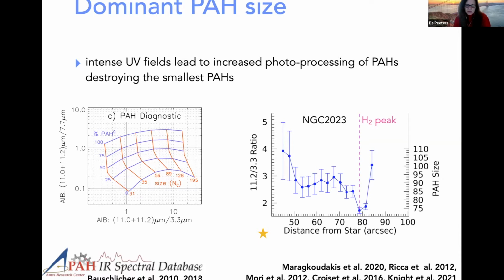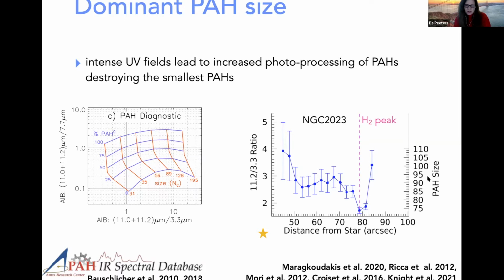And this has been done by a number of people already. We have Mori in 2012, Croiset 2017, and Knight in 2021. Here I just show you one example: if you go once again into a reflection nebula and you look at this ratio, 11.2/3.3, with distance from the star, you can see that it changes.